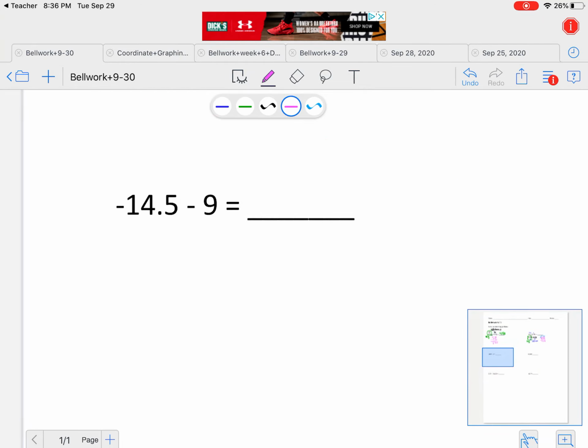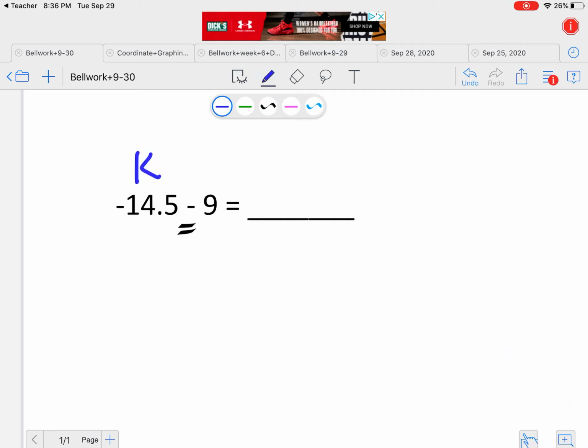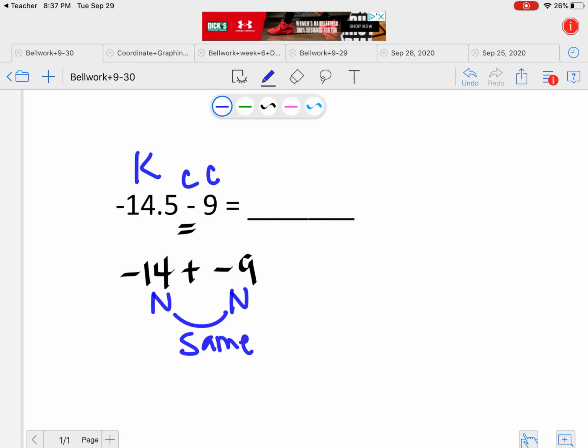The second row, the middle of this has a subtract sign, so I'm going to do keep, change, change. Keep the first number, negative 14. Change the subtract to be add, and change the positive 9 to be negative 9. Now I'm going to label the numbers. 14 is negative, 9 is negative. If these are the same, they're on the same team, Sanger and Sanger, I would add.